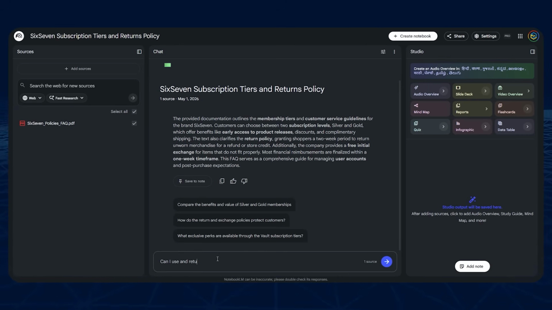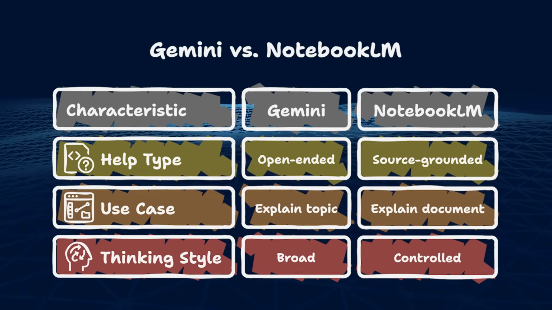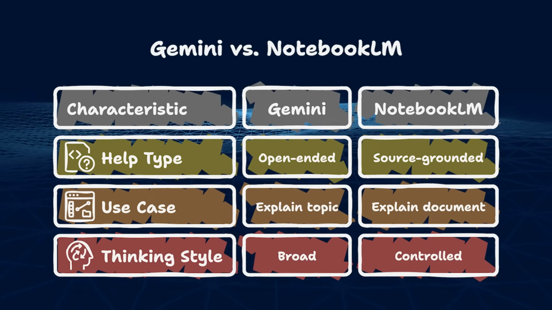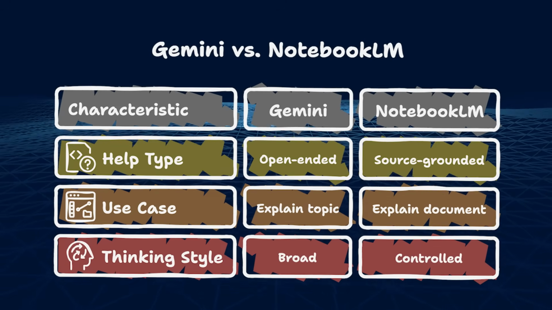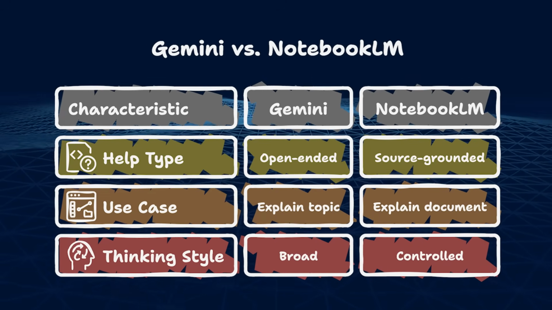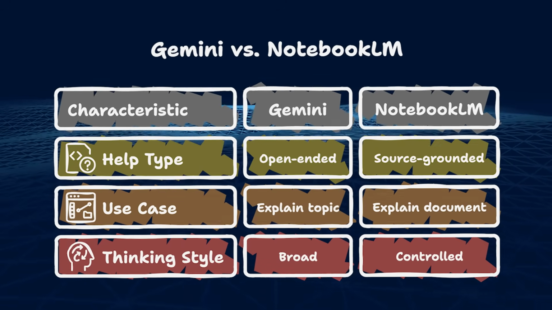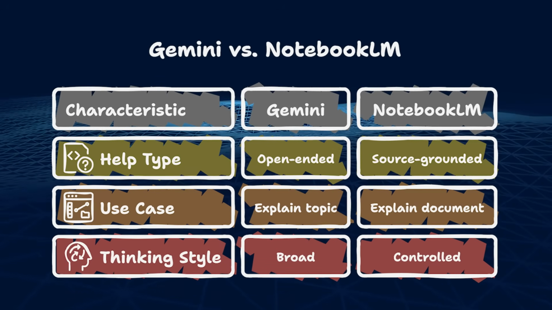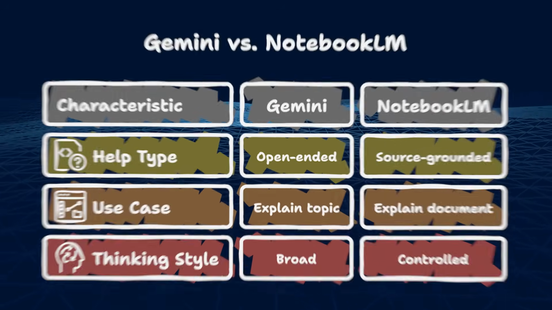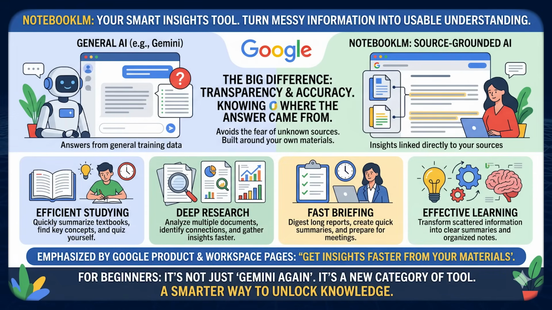That changes everything. Gemini is better for open-ended help. NotebookLM is better for source-grounded help. Gemini is good for explain this topic. NotebookLM is good for explain this document. Gemini helps with broad thinking. NotebookLM helps with controlled thinking. That difference matters because one of the biggest fears around AI is not knowing where the answer came from.